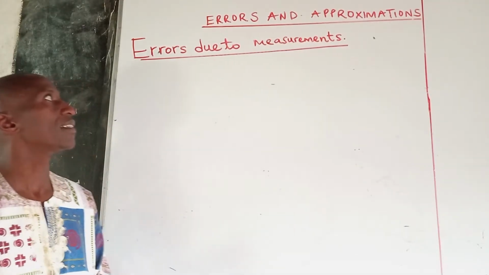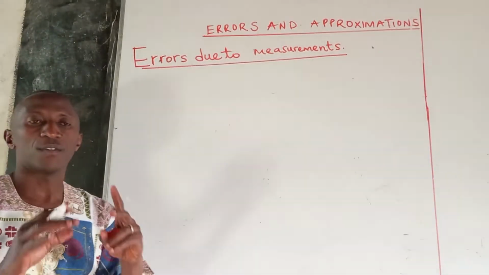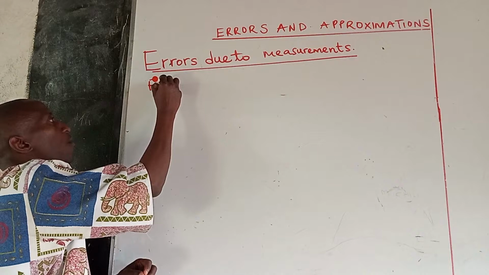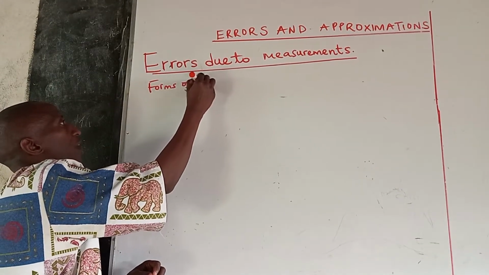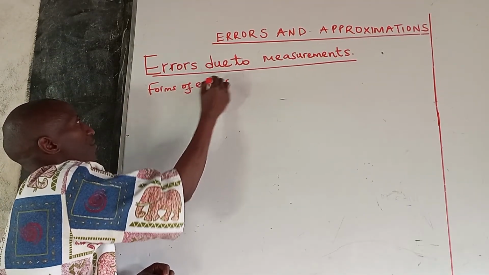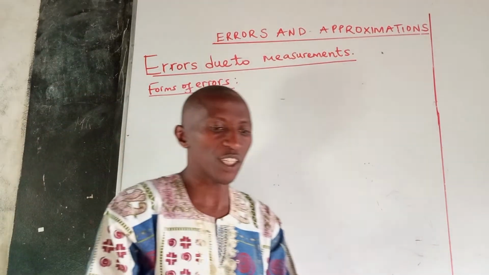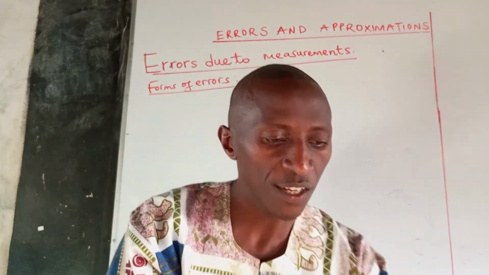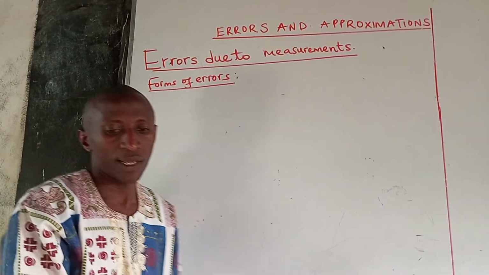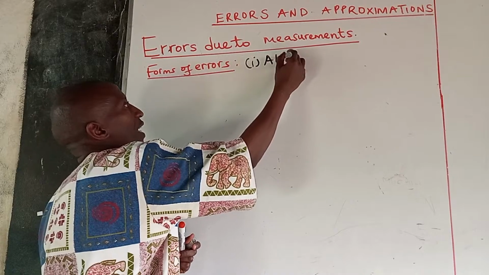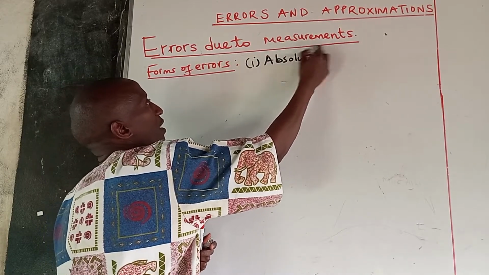In measurements, we have 3 forms of errors. The errors that we meet under measurements come in 3 forms. The first one is what we call Roman 1, the absolute error.